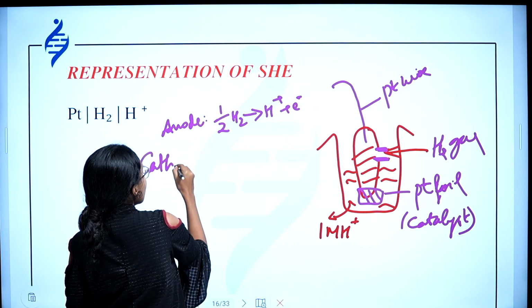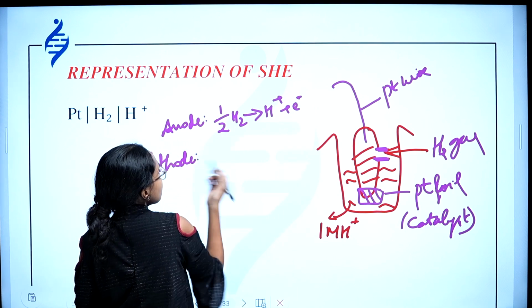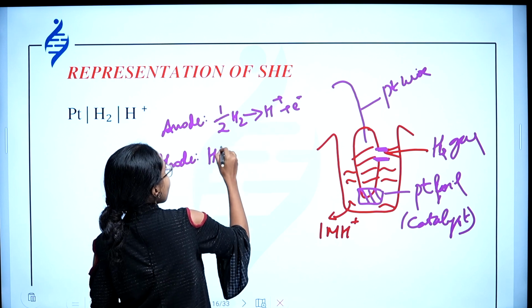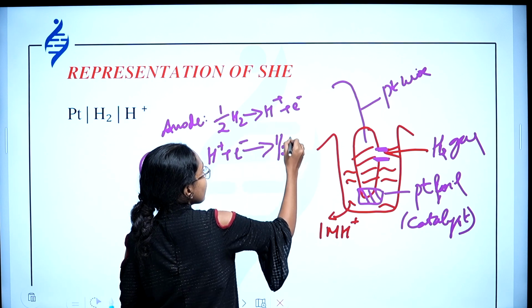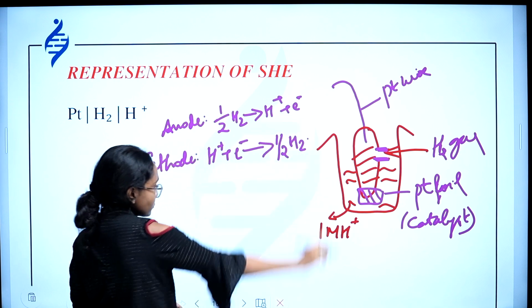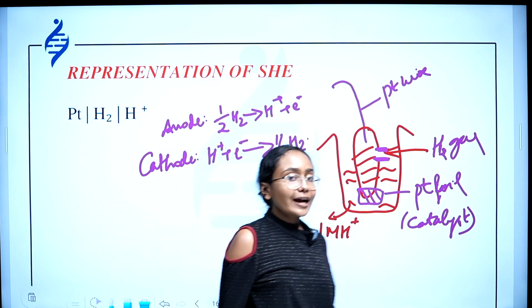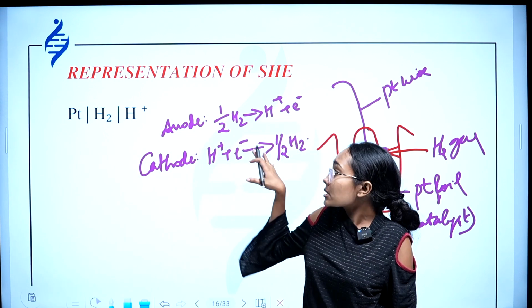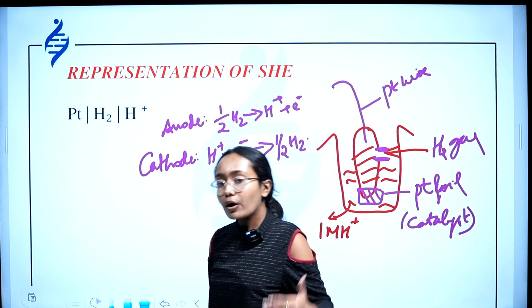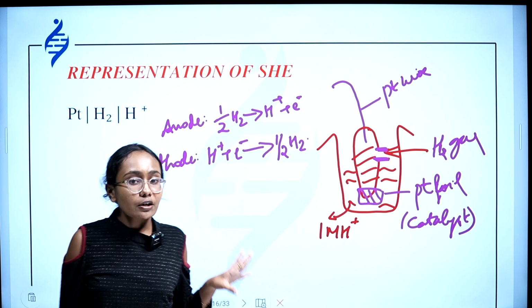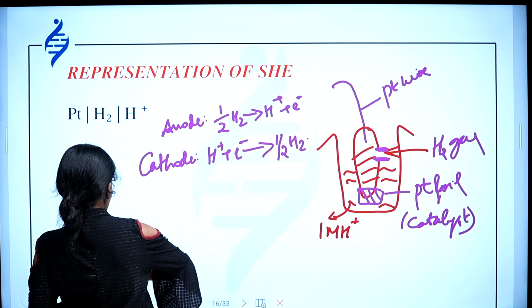In the case of the cathode, the cathodic reaction is H plus plus an electron giving half H2. When you see the cathodic and anodic reactions of the standard hydrogen electrode, it is clear that the cathodic reaction is just the opposite of the anodic reaction, or the anodic reaction is just the opposite of the cathodic reaction.